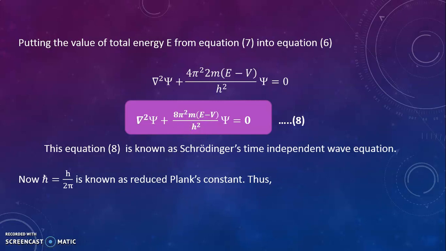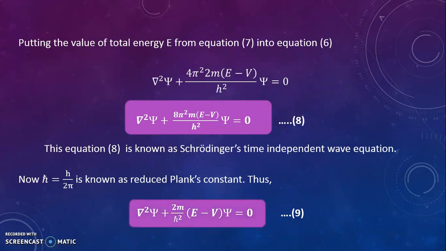So equation number 8 we can write as del square psi plus 2m upon h cross square (E minus V) into psi, which is equal to 0. This is also another form of Schrodinger's time independent wave equation.